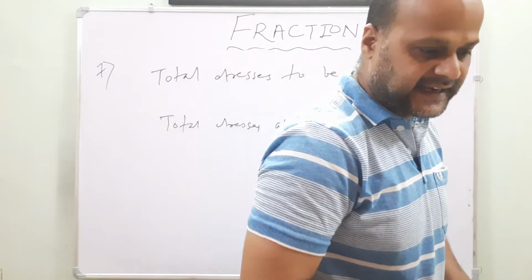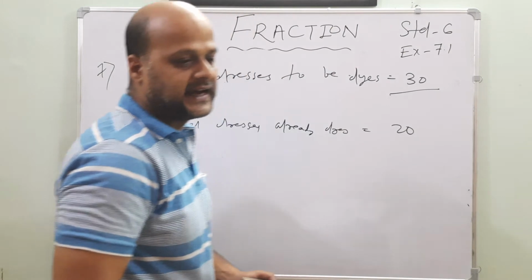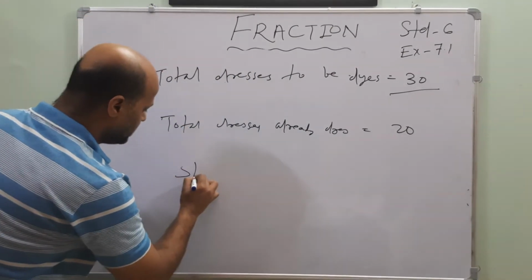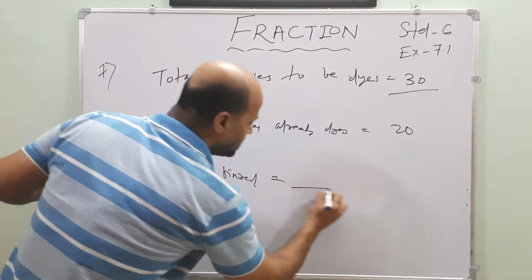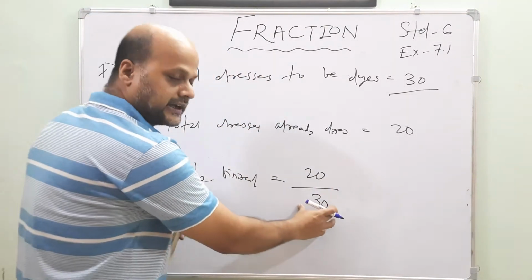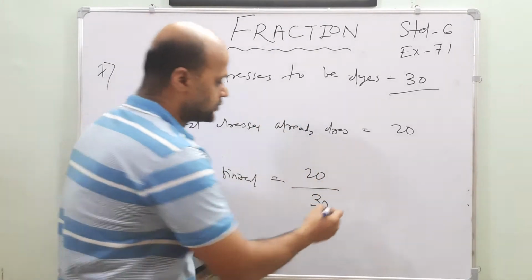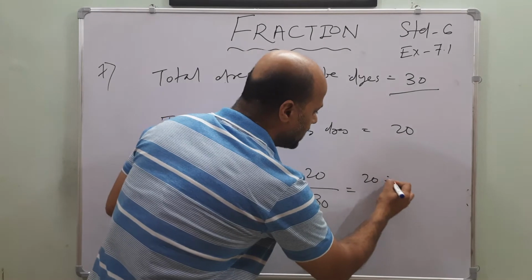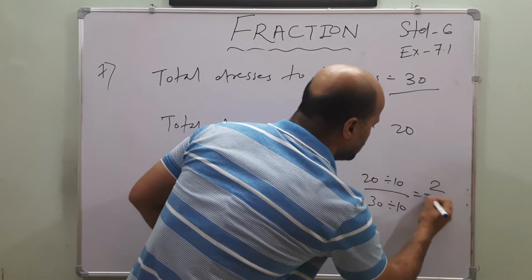Okay. So what is it saying? It's saying, what fraction of the dresses has she finished? What is the fraction of the part? Total is how much? 20 by 30. Total will be written down and the completed portion will be written above. So 20 divided by 10, 30 divided by 10. What is that? 2 by 3.